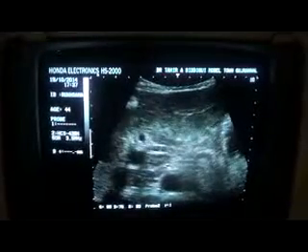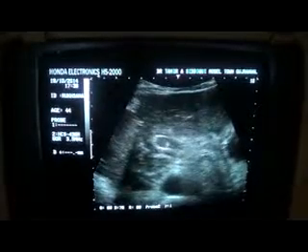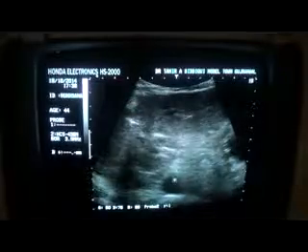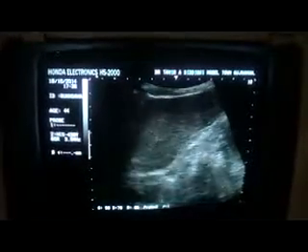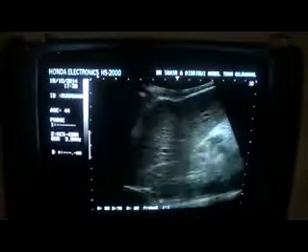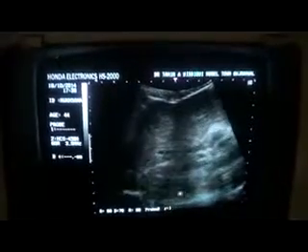This is the common hepatic artery, and this is lymph node number 1 anterior to it, and this is lymph node number 2. This is the aorta, and this is the IVC.